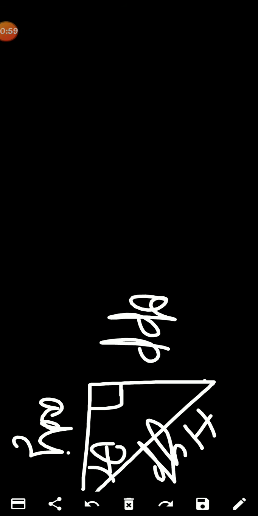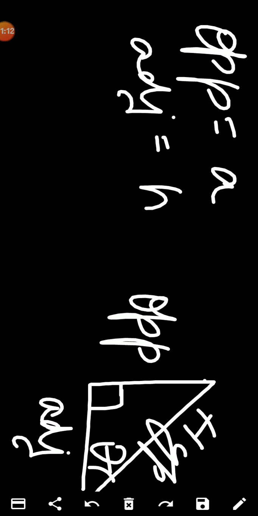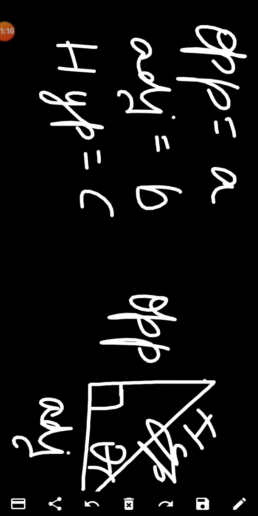Okay, so now instead of hypotenuse, opposite and adjacent, we can also take any other values, like let our opposite side be A, adjacent side be B, and let our hypotenuse be C. So now let's plug in these values in our right angle triangle.